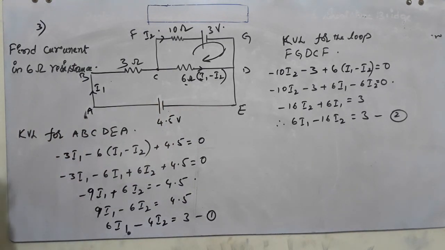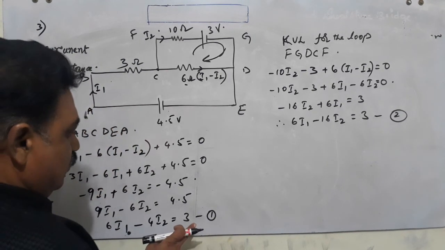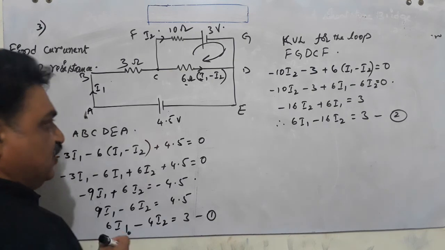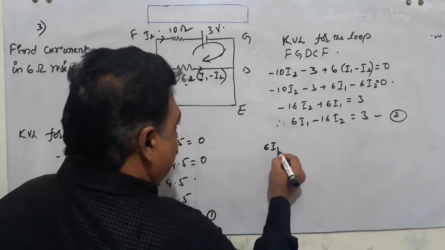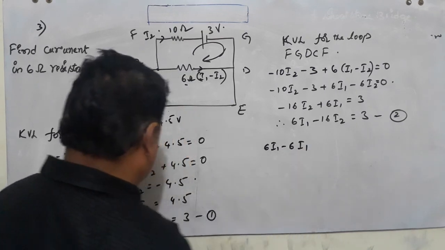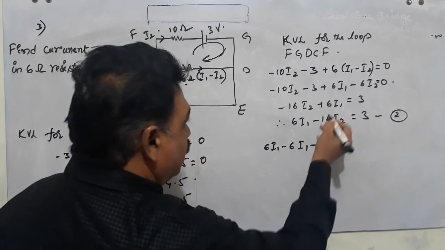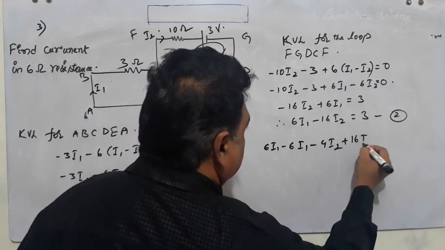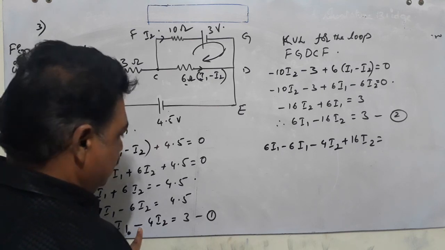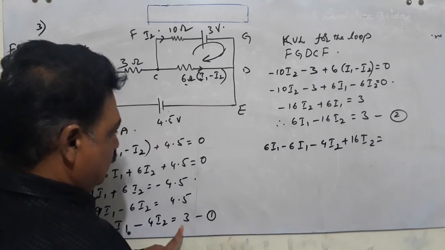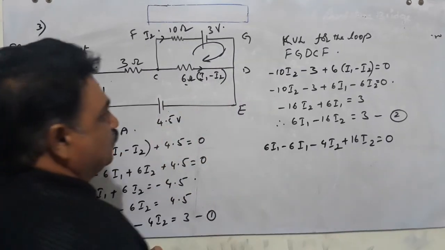See, I am subtracting equation 2 from equation 1, so that 6I1 minus 6I1, minus 4I2 plus 16I2, that is 3 minus 3 equal to 0.